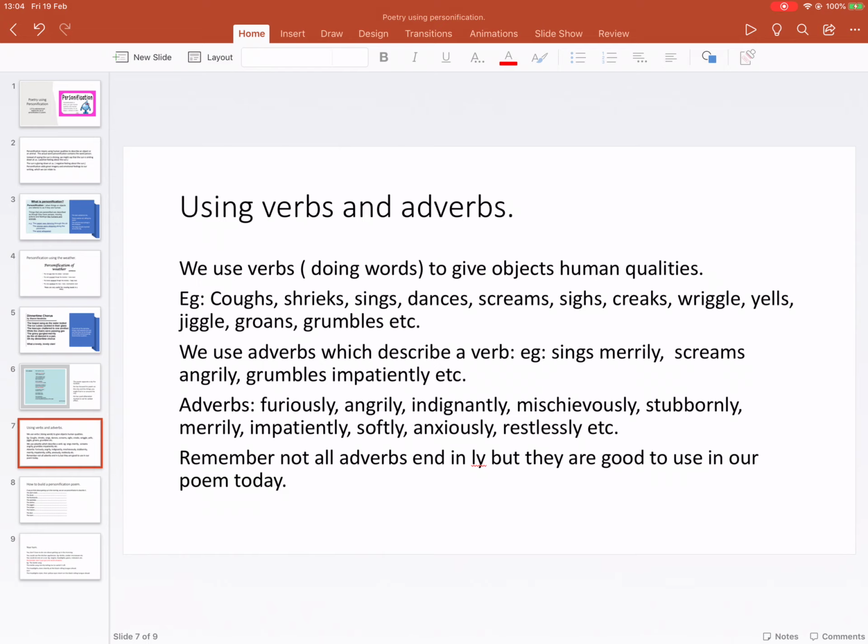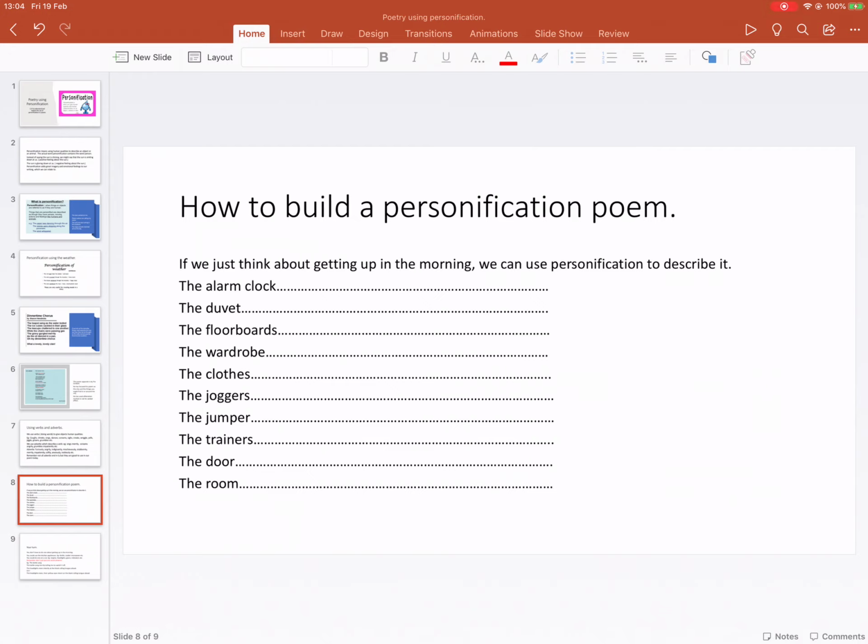Not all adverbs, like I say, have ly, but they are good to use in our poem today. So we're going to have a look and see how to build a personification poem.